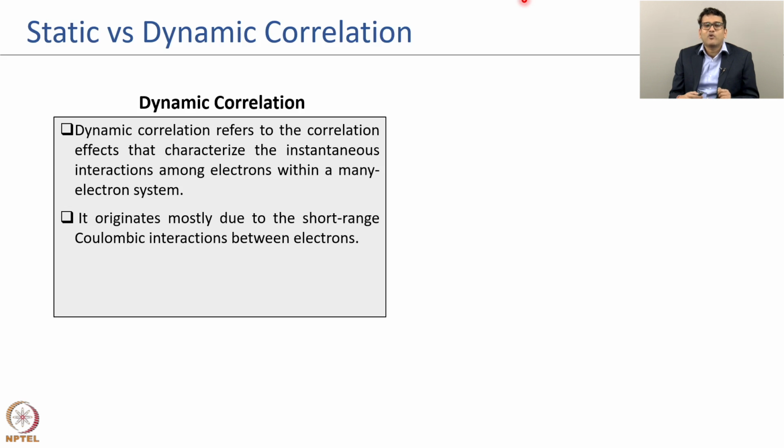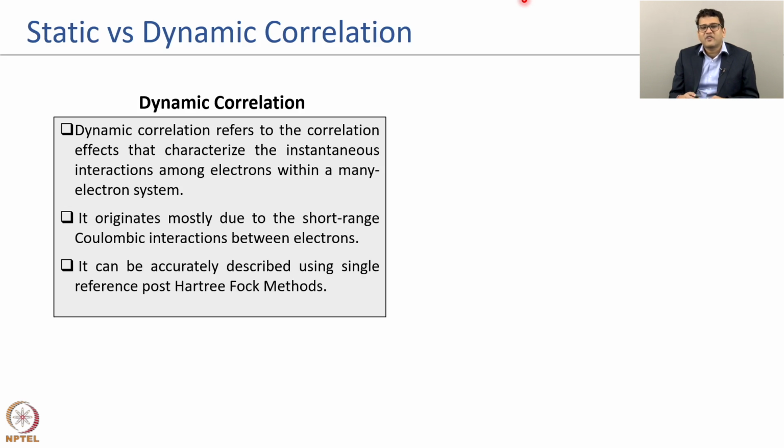But remember, dynamic correlation is always a short range property, and it can be accurately described using the so called single reference post Hartree-Fock methods. That means, for dynamic correlation I can start with a Hartree-Fock picture. Hartree-Fock will give around 95% of the total energy, and the rest I can recover by doing a correlation treatment on top of that Hartree-Fock determinant.